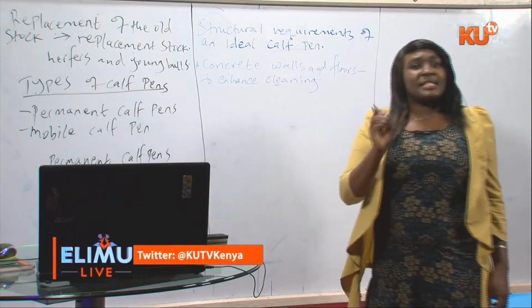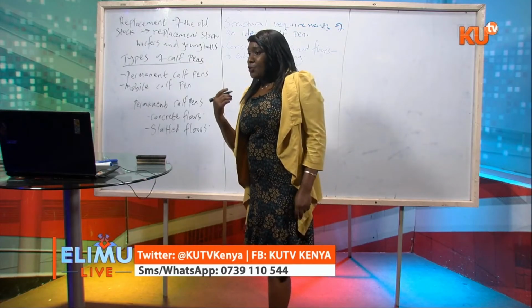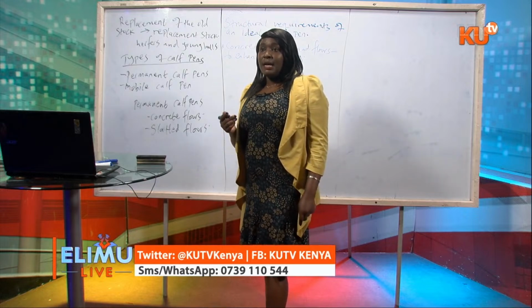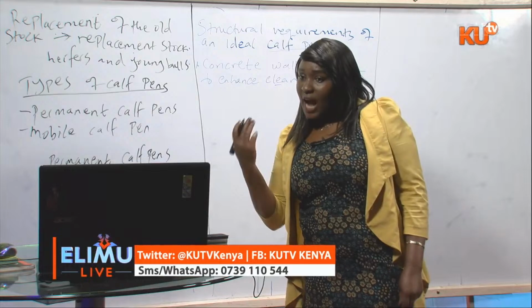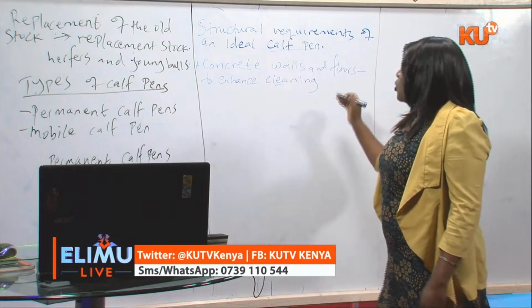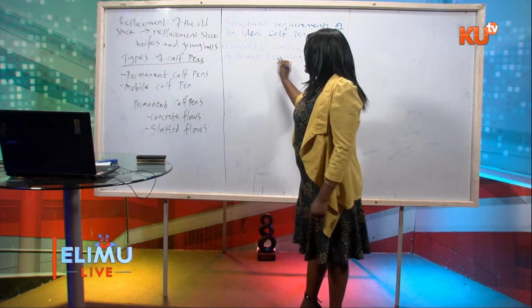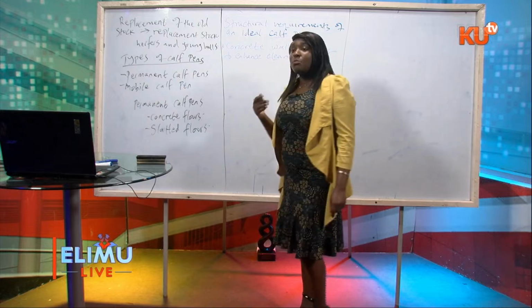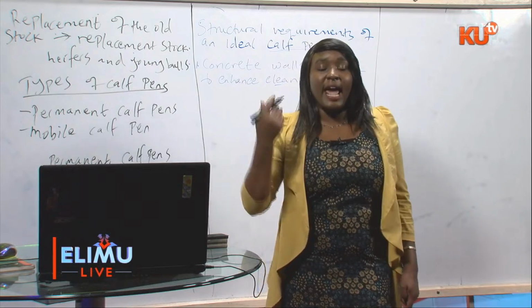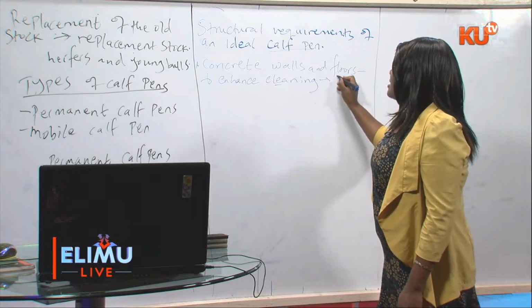We need to clean these calf pens more often, and I believe you have a reason why we even clean our houses. Of course, it's because we don't want accumulation of parasites and diseases. When we clean these calf pens more often, we enhance the health of these animals because they do not suffer from diseases such as foot rot.